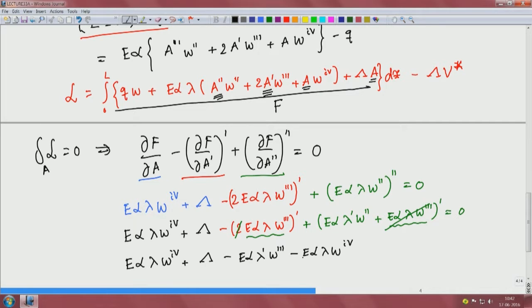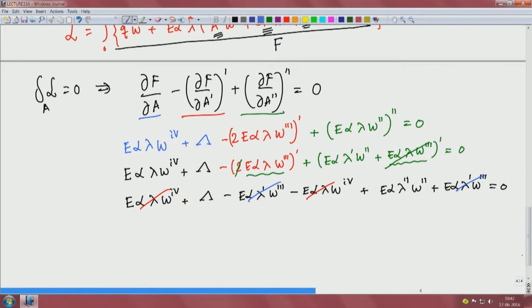We are happy because the first term and this get cancelled. And then we have the last term, which will give us E alpha lambda double prime W double prime plus E alpha lambda prime W triple prime equal to 0. Again, it is a happy situation because we see that and that cancelling.